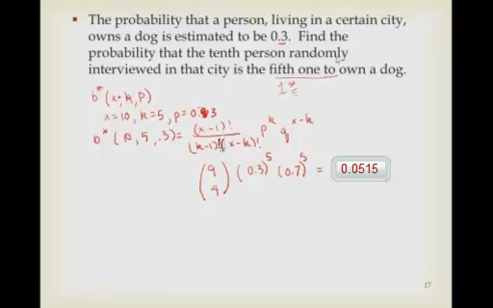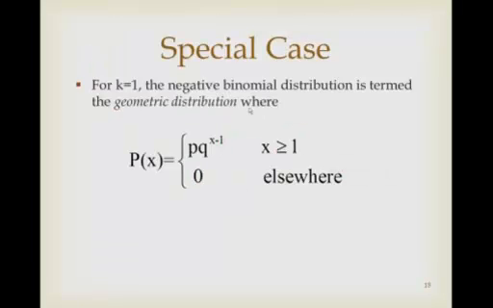You can see it's pretty clear you would use the negative binomial distribution, but you'd be plugging in k equal to 1. If you do that, it simplifies everything quite a bit. In fact, this whole formula simplifies to something that looks simply like this.